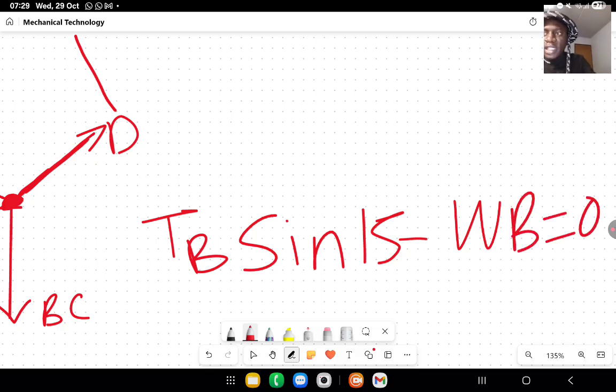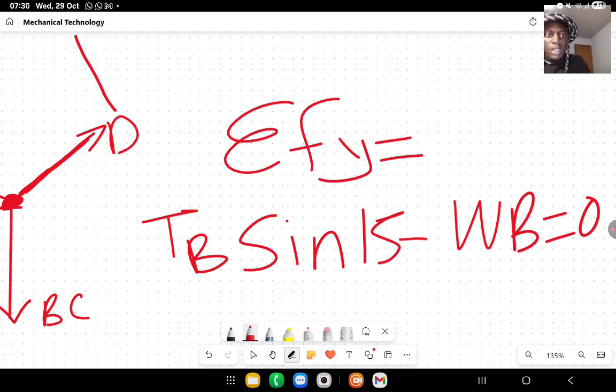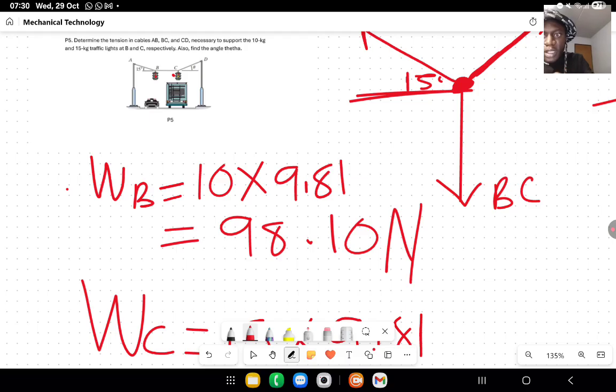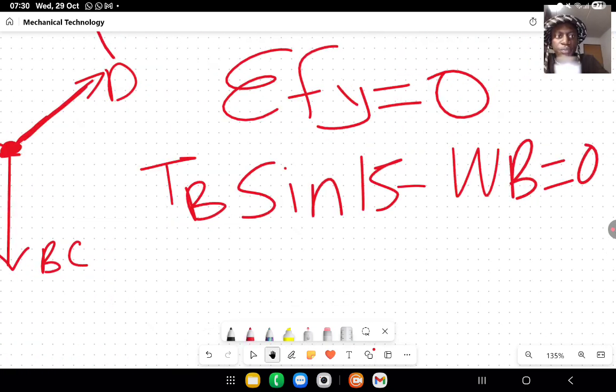Why? We use that sum of forces at Y is equals to 0. But on B here, we have weight, we have TAB. So we are going to use that.